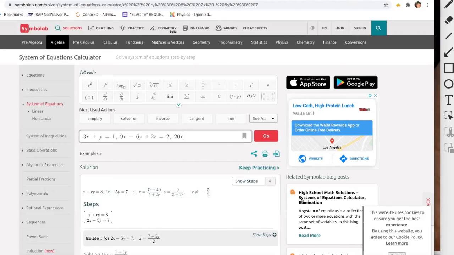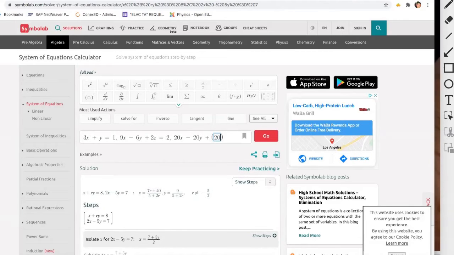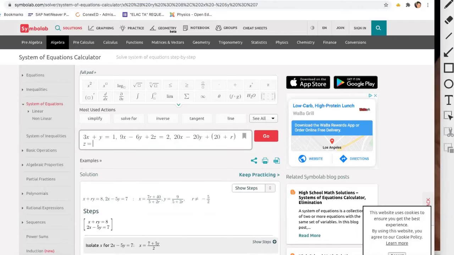20x minus 20y plus (20 plus r) z equals 10.